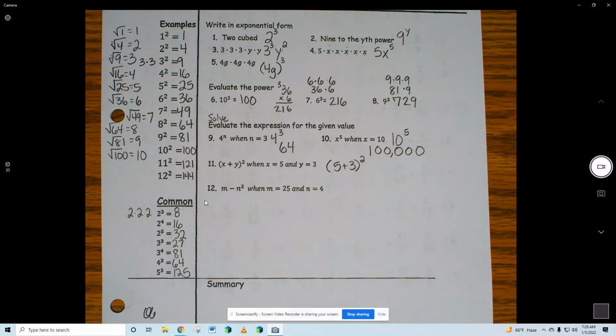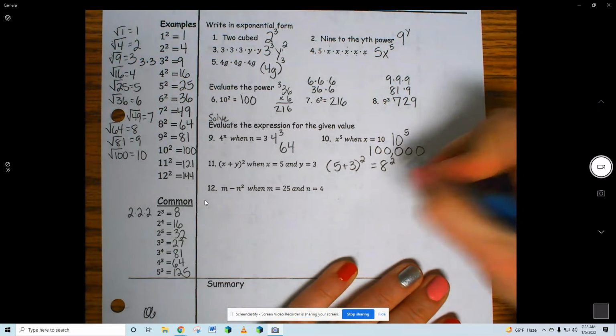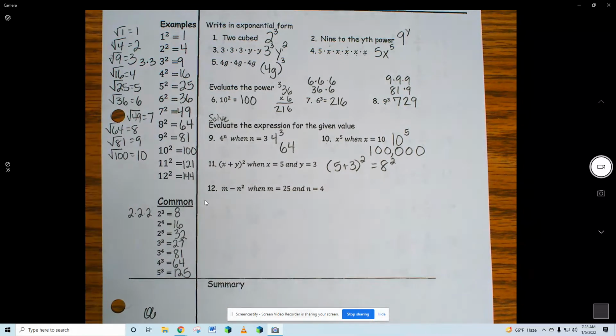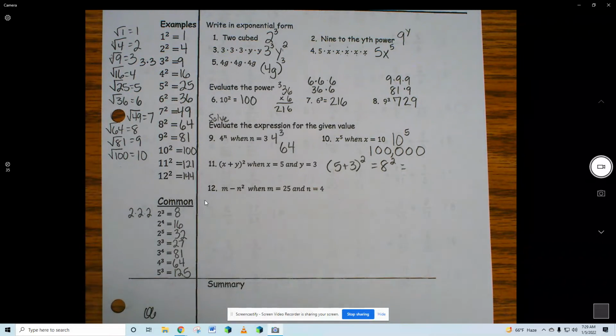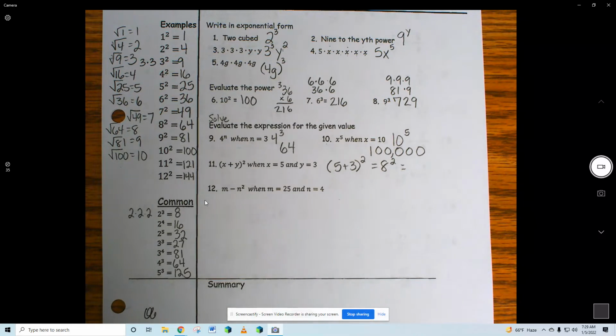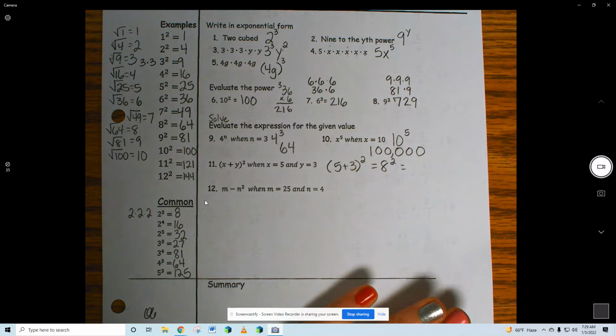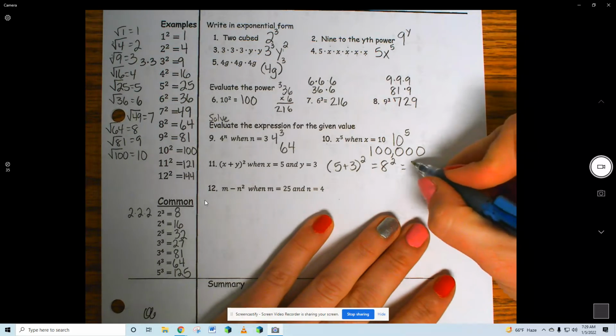That's going to be 8. 8 squared. 8 squared is not 16. Do not say 16. It means 8 times 8, which is what? It's on the side of your paper. 8 times 8. 64. Thank you.